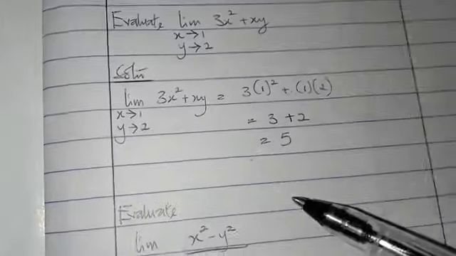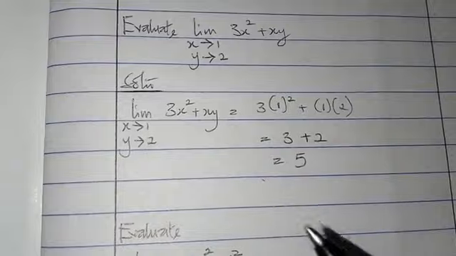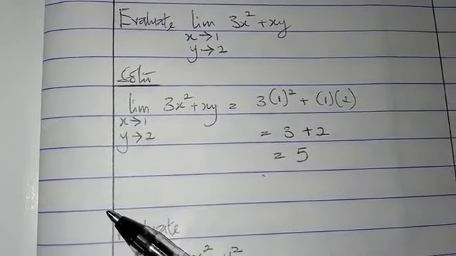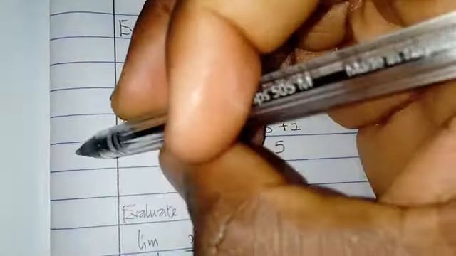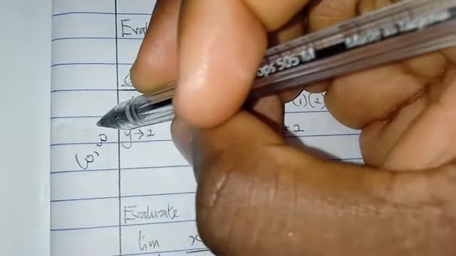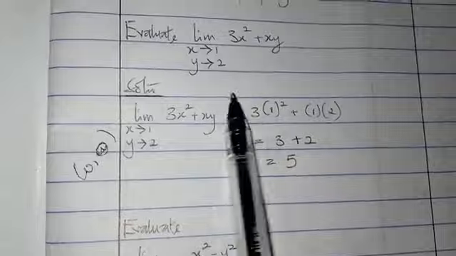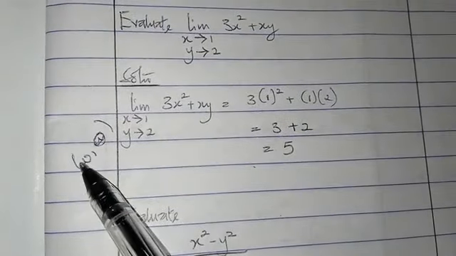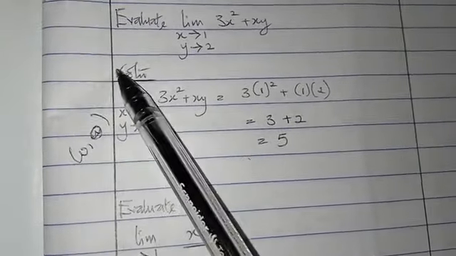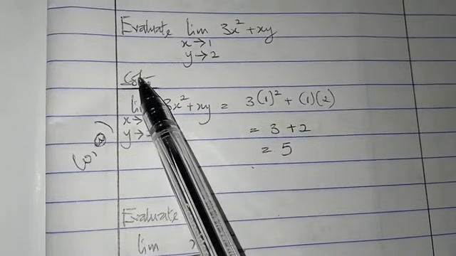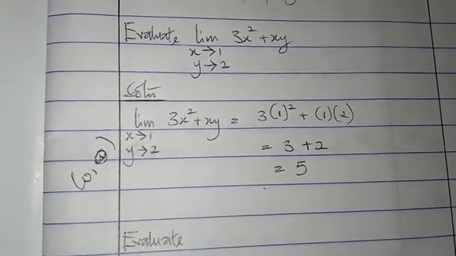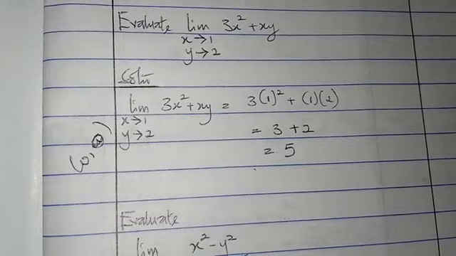The way I understand a limit is, let's say the starting point is 0 comma 0. As x is going from 0 to 1 and y is going from 0 to 2, it's going to come across different values.